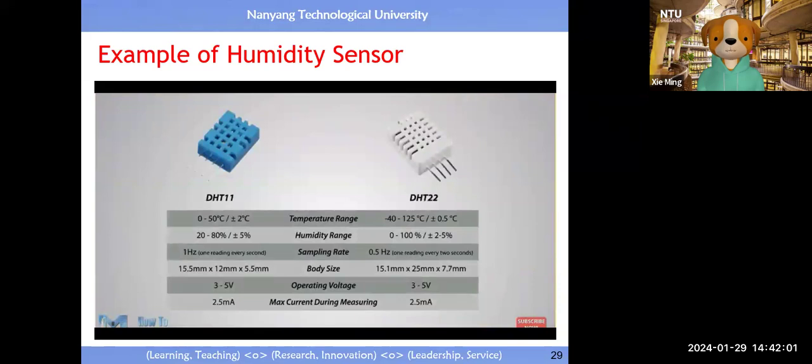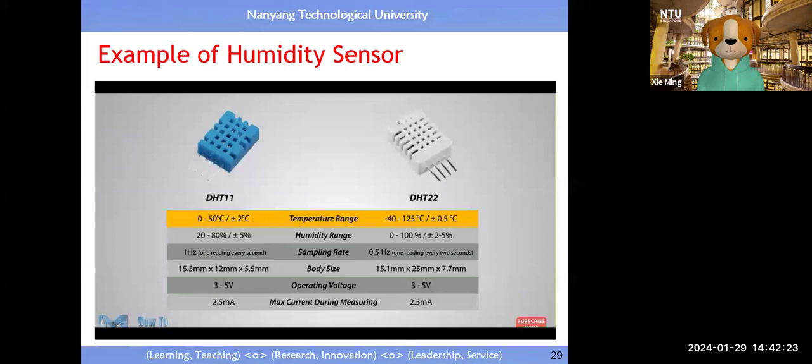The DHT22 is the more expensive version, which obviously has better specifications. Its temperature measured range is from -40 to +125 degrees Celsius with 0.5 degrees accuracy, while the DHT11 temperature range is from 0 to 50 degrees Celsius with 2 degrees accuracy.